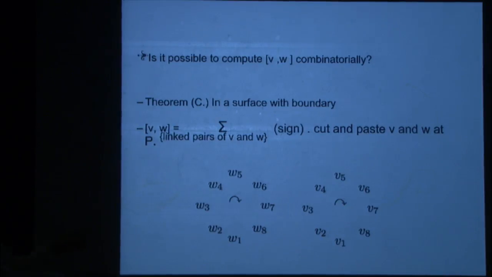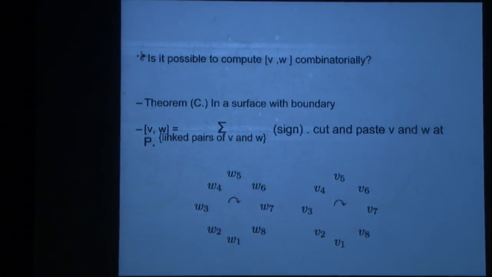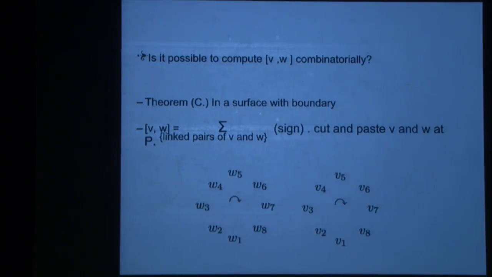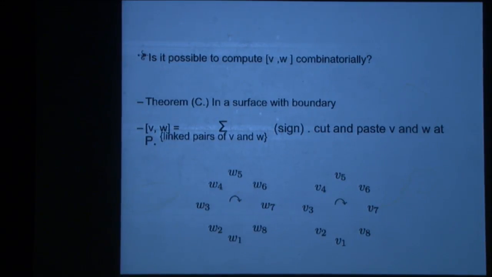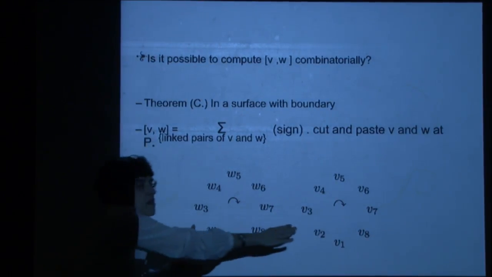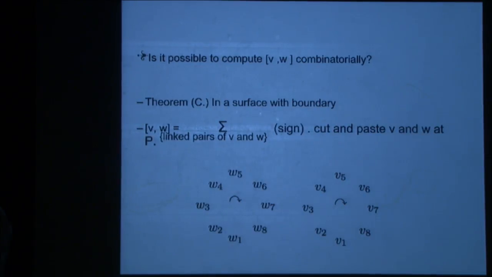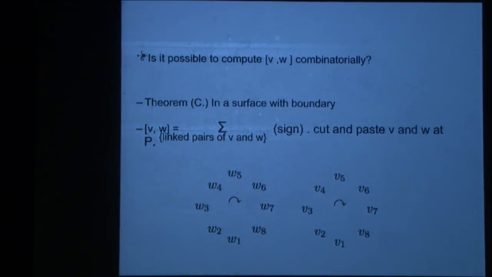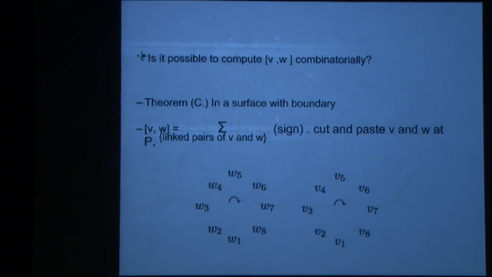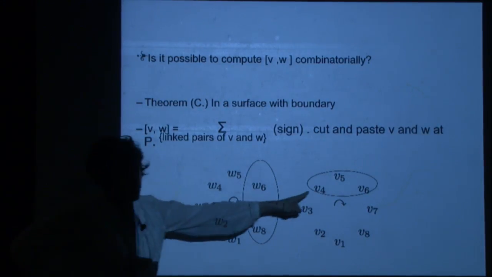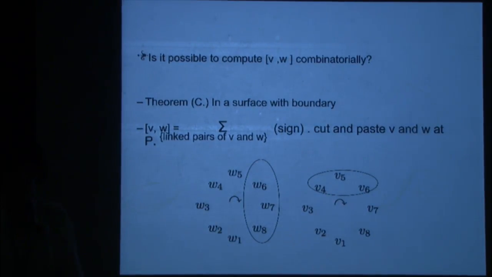If I want to intersect this curve and label every point with the pairs of subwords, we have this theorem. You can count intersection of 2 curves by counting pairs of certain subwords. So say these are 2 particular subwords that imply a crossing.